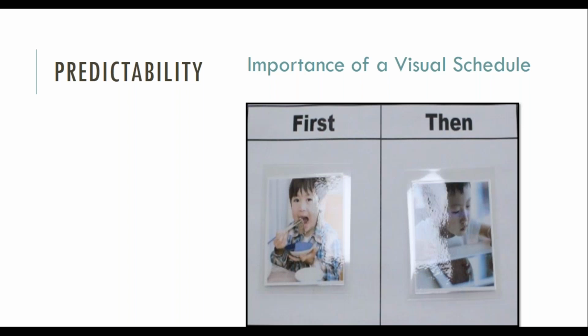And then this is grandma's rule that Ida mentioned first. This is just a piece of paper divided into some columns and rows. First, then. So you can see here, there's a great visual picture of this child who needs to remember that first he needs to eat his lunch and then he gets to have his screen time or whatever time.